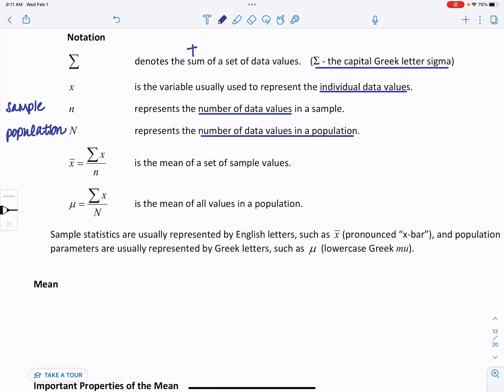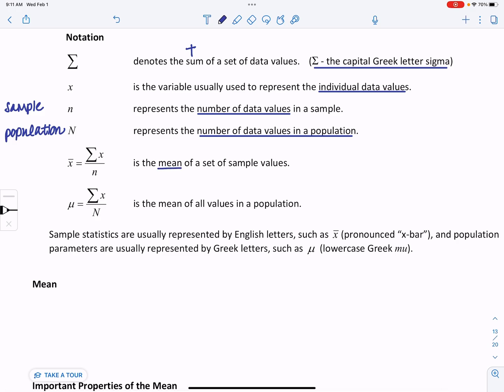This next one is the average or the mean of sample values. It's an X with the line on the top. We call it X bar. X bar is the mean of the sample values.